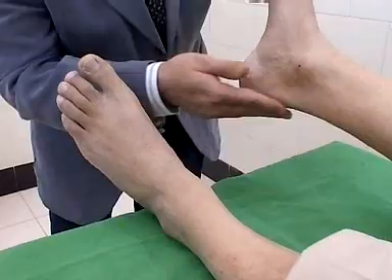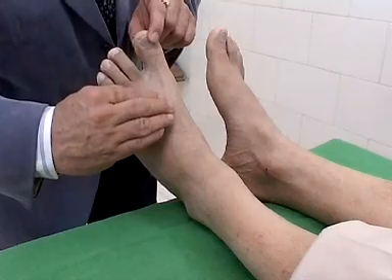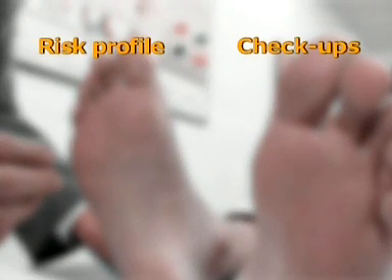In my clinical practice, where patients with longer duration of diabetes present with foot lesions, they usually have a mix or a combination of all three, that is peripheral neuropathy, peripheral vascular disease, and they are also infected. After the clinical examination, every patient should be categorized according to risk to determine frequency of checkup.